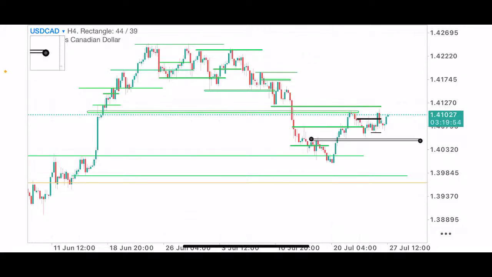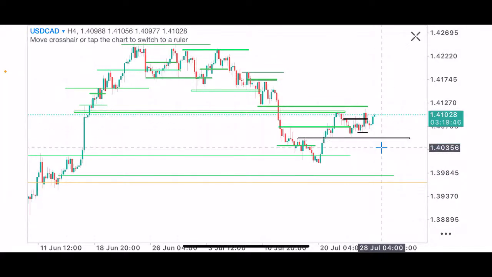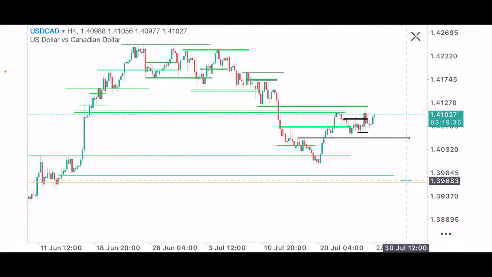Let me advance it a little bit. All right. That's this black level here. Now if price drops back a little bit and breaks below it, we should be shorting our market here. Then our key TP should be around 1.396.